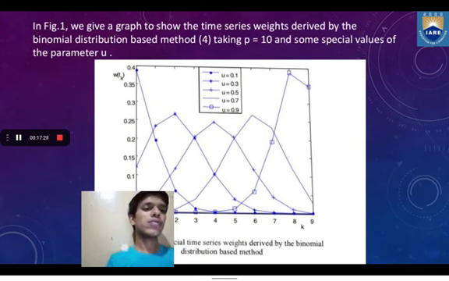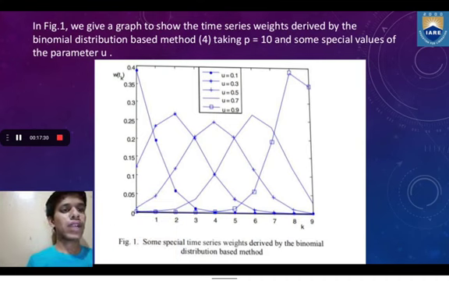This is the graph shown at different values of u, that is different values of the probability of success, u equal to 0.1, 0.3, 0.5, 0.7 and 0.9. Some special time series weights derived by the binomial distribution based method are shown in this figure.